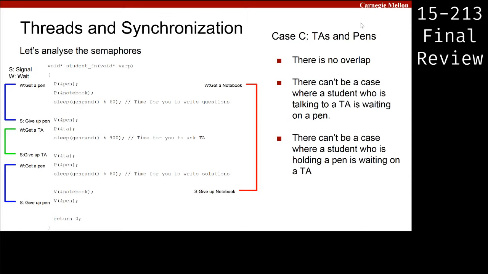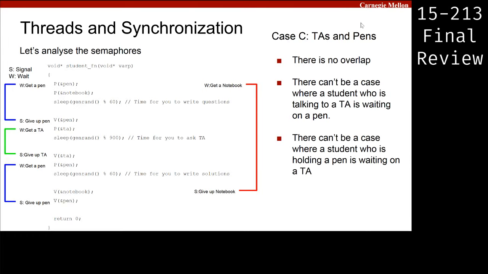Then you get a lock on the TA and you give up the TA, and you get a lock on the pen and give up the pen here. So technically there's no overlap here. What that means is there cannot be a case where a student who is talking to a TA is waiting on a pen, and vice versa. A student who is holding a pen will not be waiting on a TA either. So they cannot deadlock each other, right?